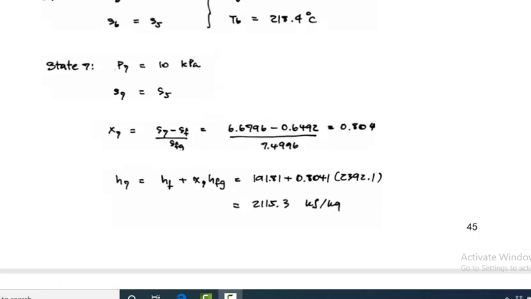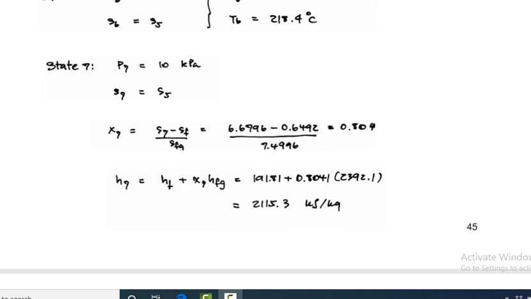And to find the value, x7 equals (s7 minus sf) divided by sfg. This is the formula to find the value of x7, the dryness fraction at point 7. That is 6.6796 minus 0.6492 divided by 7.4946, so the dryness fraction equals 0.804. This is the dryness fraction at point 7.